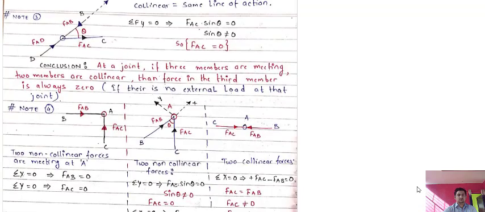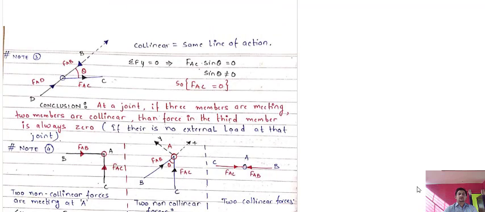Write down another note: if this is the joint in which one force is coming from this side and one force from this side, and there is a third member with a force FAC. Collinear means having the same line of action, as you already know.